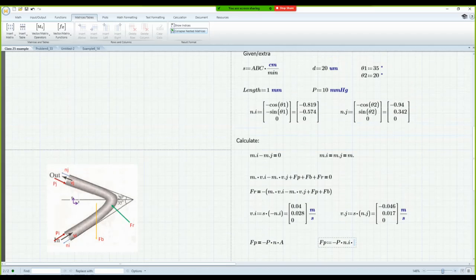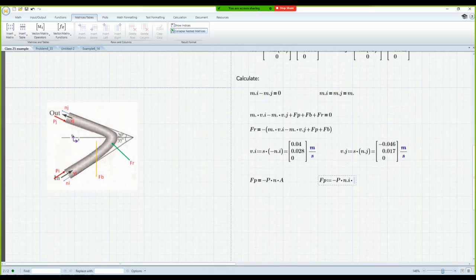And the area of the in and the out are the same, and it's the same as the area we calculated before, so we'll use area. And so there's the pressure force for the input, FPi, let's say, and FPj is going to be equal to minus P times Nj times area. And so then FP is equal to the sum of those, FPi plus FPj.